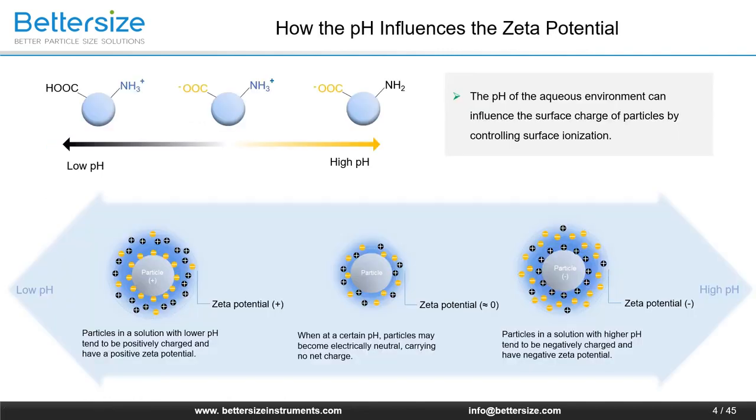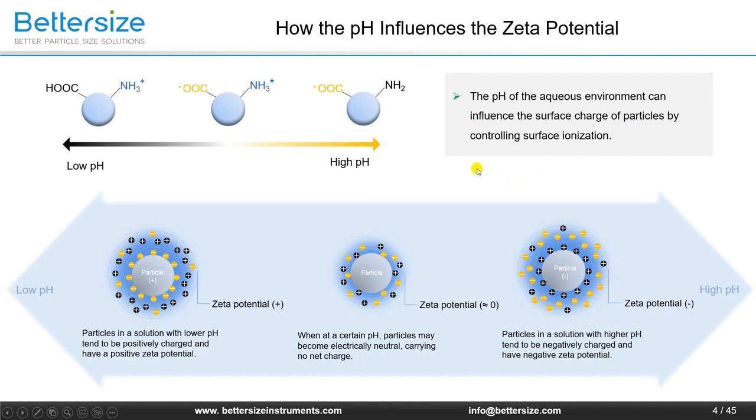You must have known the zeta potential is the electrostatic potential at the shear plane of the particles in a colloidal system. It can be influenced by the surface charge of the particles, the activity of hydrogen ion in an aqueous solution. In other words, the pH of the environment can influence the surface charge of particles by controlling surface ionization.